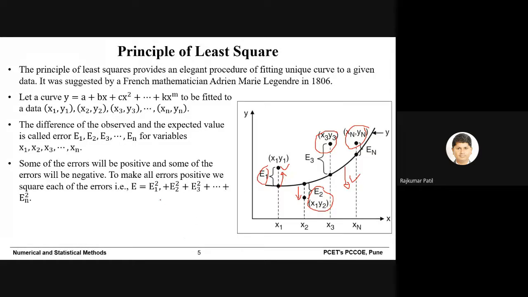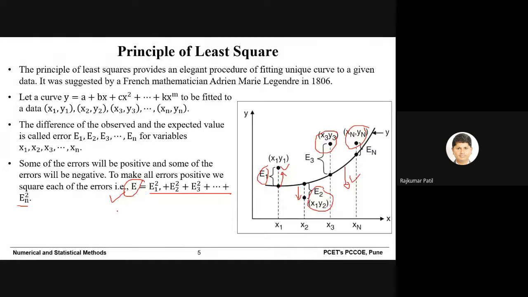So what we do, we take the square of errors and then we take its sum, and that's why you will convert the given error values into positive signs, and then we calculate the total error, and our objective is to have the minimum value of this error.